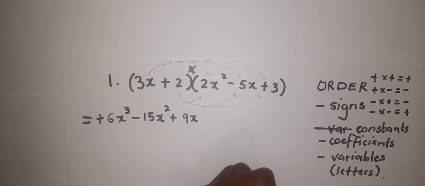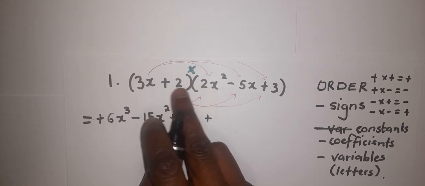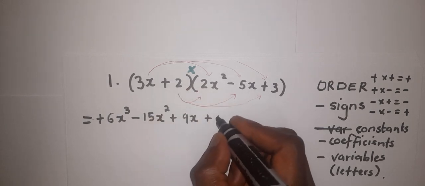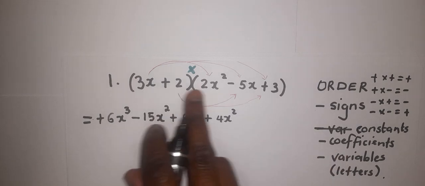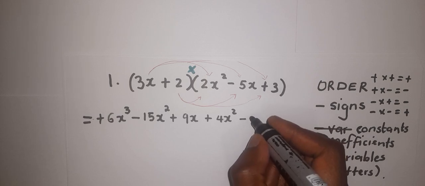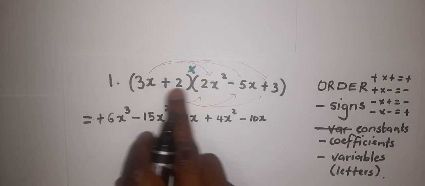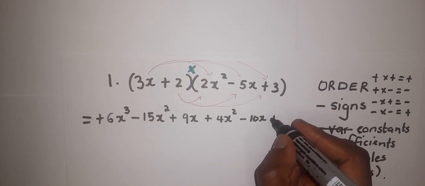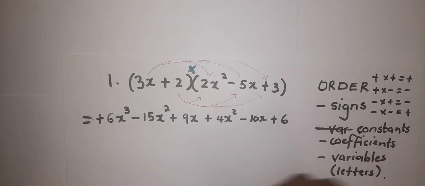Similarly, we do with the 2 now. Positive times a positive is a positive. 2 times a 2 is a 4 with the x squared. And then positive times a negative gives us a negative. 2 times a 5 is 10 with the x because there's no x here. And then positive times a positive, we get our positive. And then 2 times a 3, we get our 6.